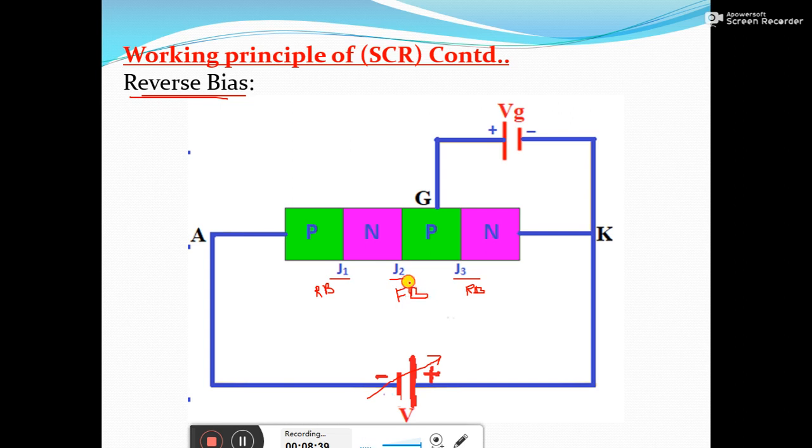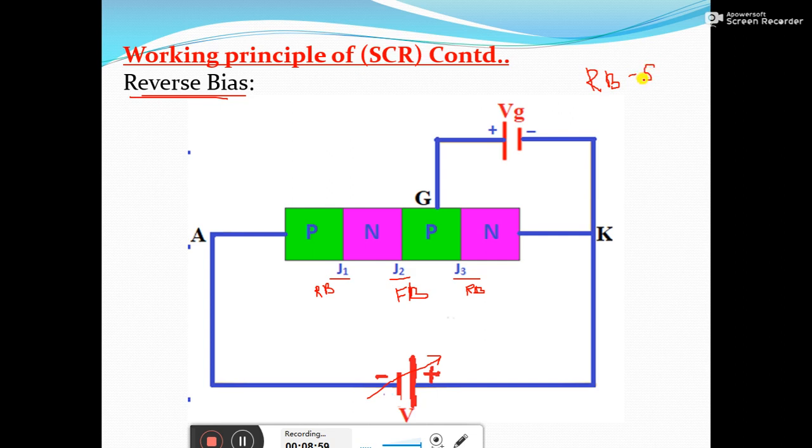Here also there won't be any significant current flowing from anode to cathode. Only a small leakage current will flow, due to minority charge carriers, and this region of operation is known as the reverse blocking region or reverse blocking state, RB state.